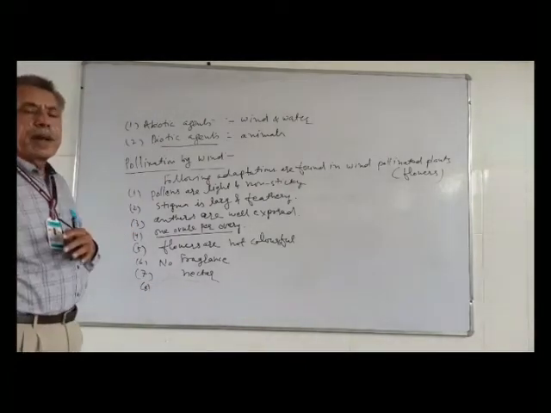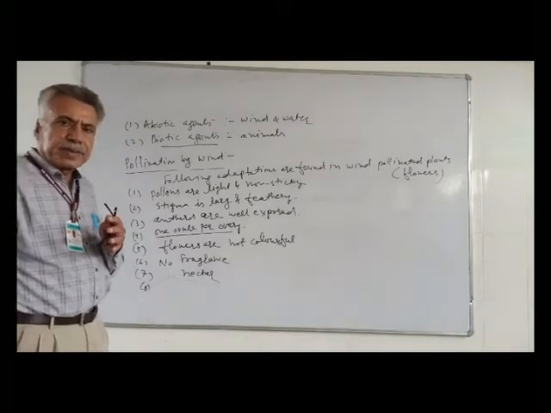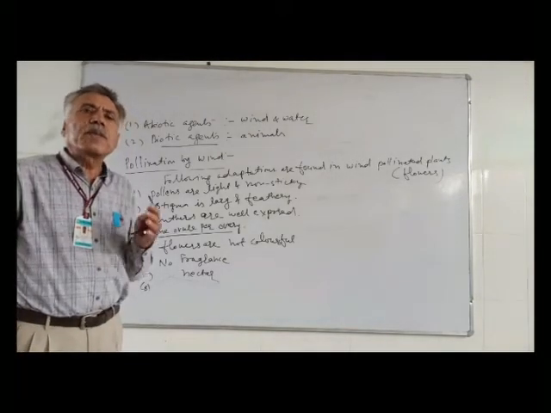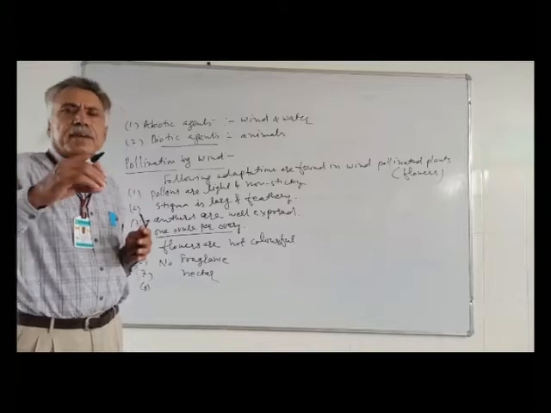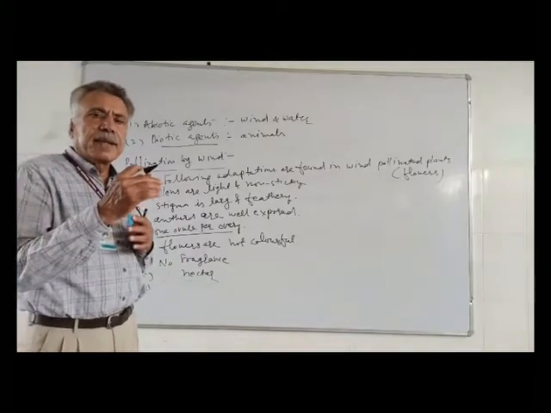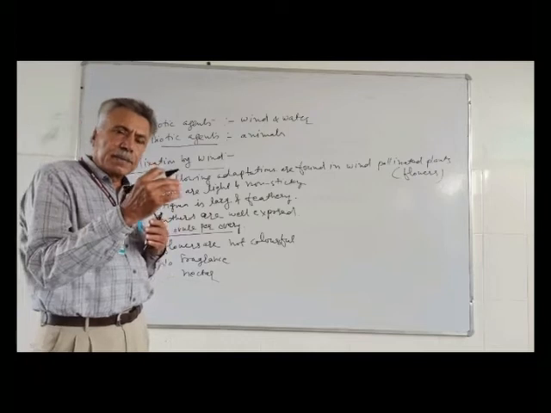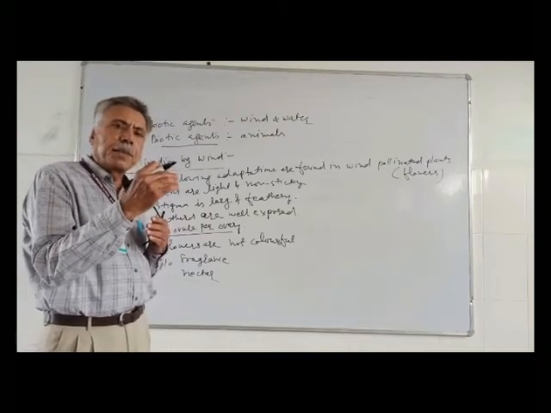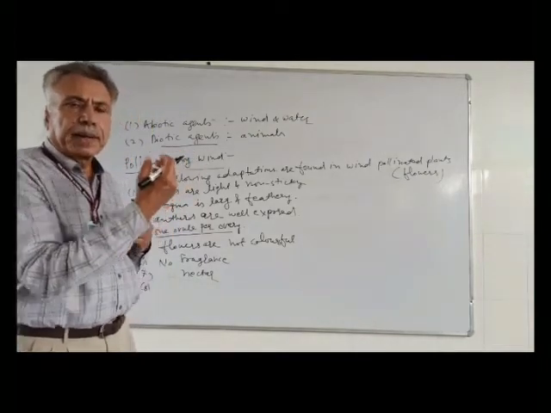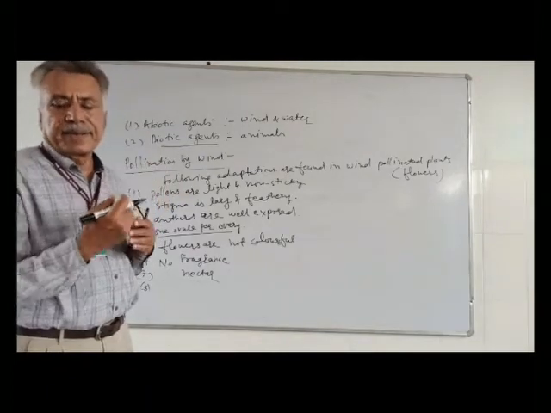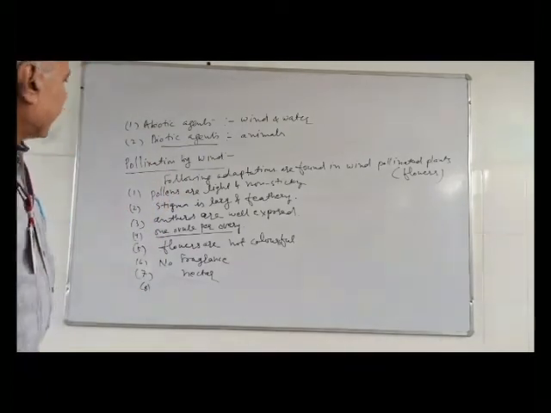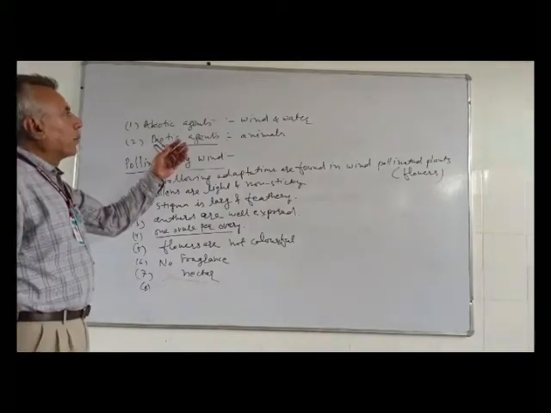In wind pollinated plants, flowers are borne on the flower axis in a cluster. That is called the inflorescence. And this structure again helps in trapping the pollen grains. These are certain adaptations found in wind pollinated plants.